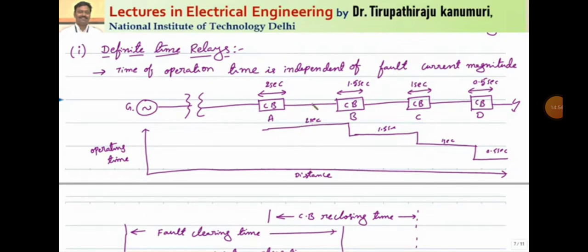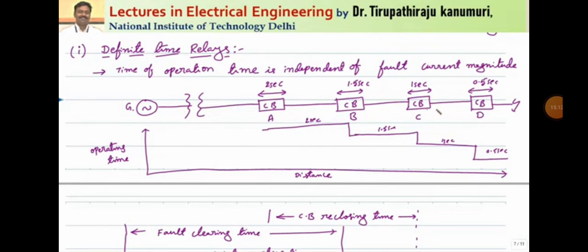Let us assume the fault happens between sections A and B. Because the time is fixed, the relay will operate after 2 seconds only. And sometimes this time may be extremely high, and in that time your entire system may be damaged, because as the sections increase, the time goes on increasing.